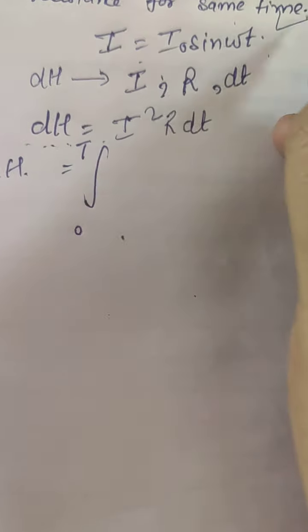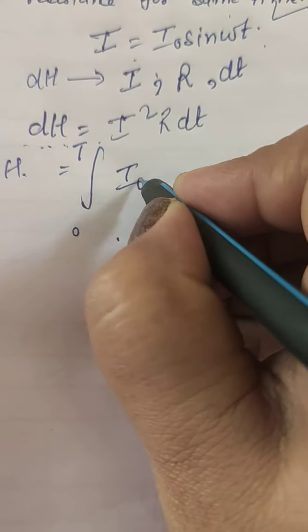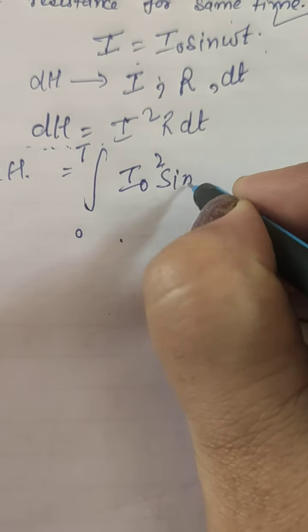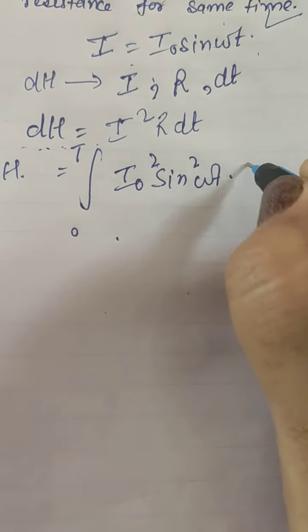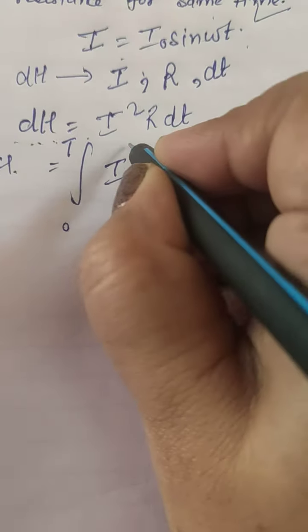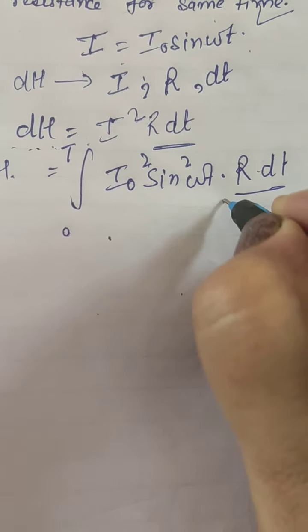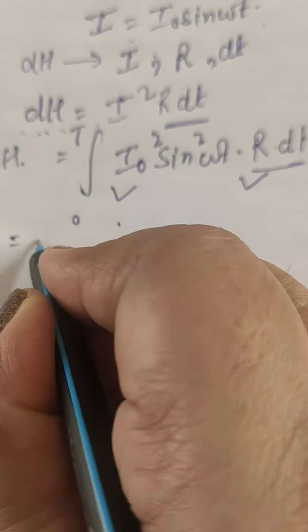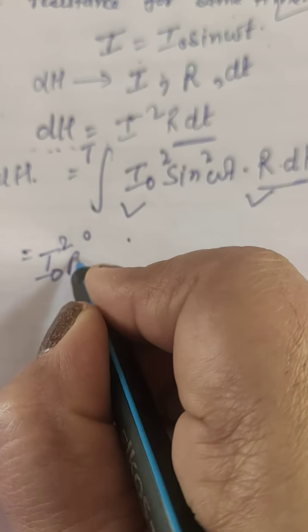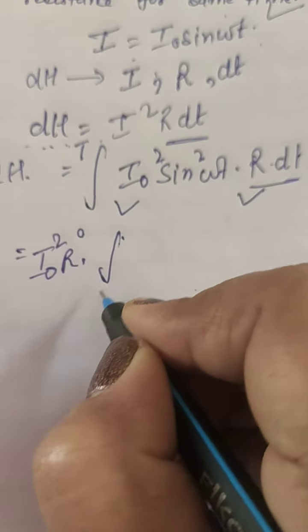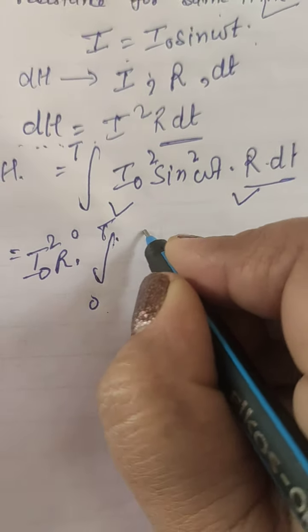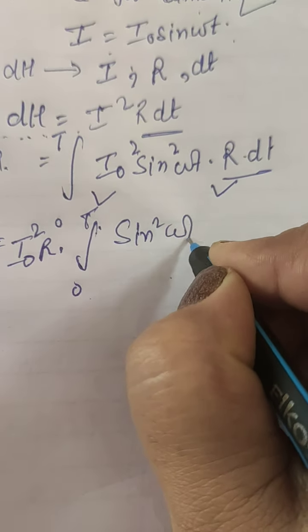I is I naught sine omega t, so this is I naught square sine square omega t into R dt. Taking R and I naught square common, as both are constants, we write I naught square R integration of 0 to T sine square omega t dt.